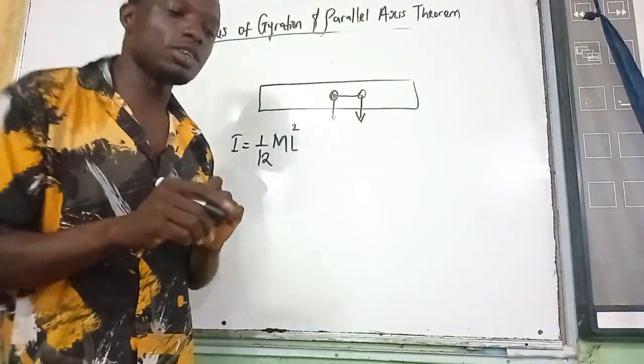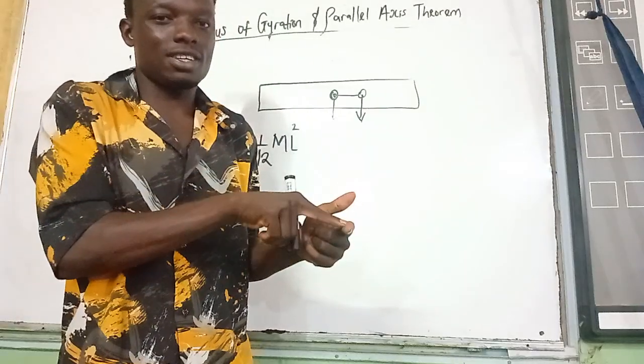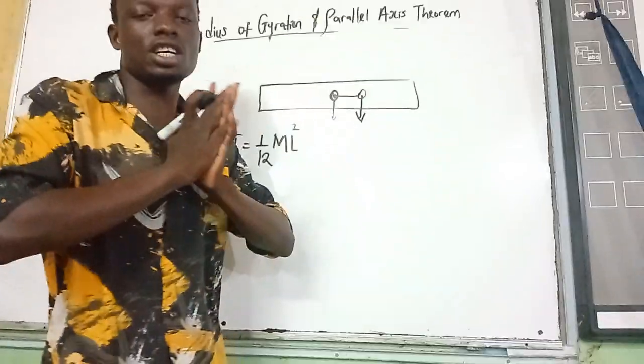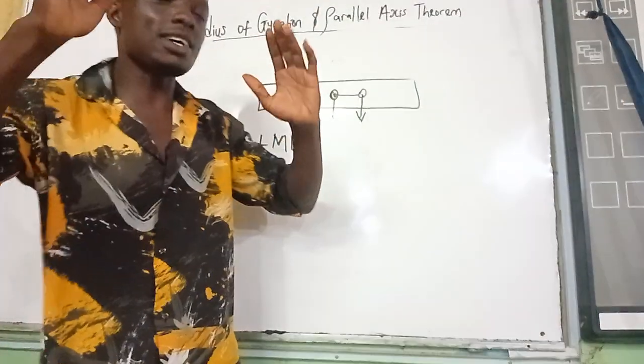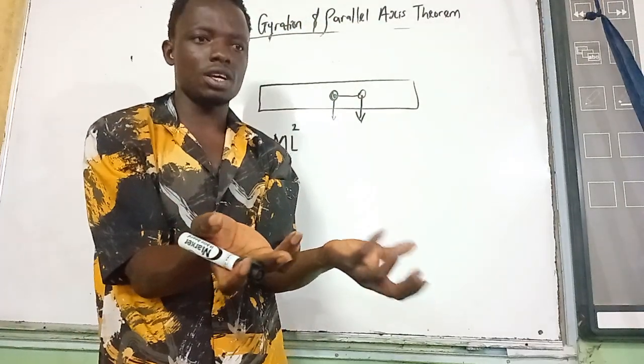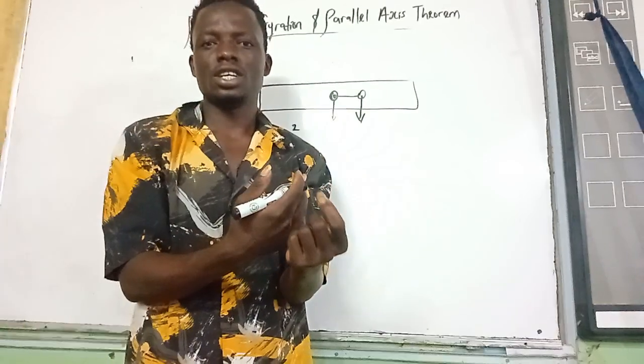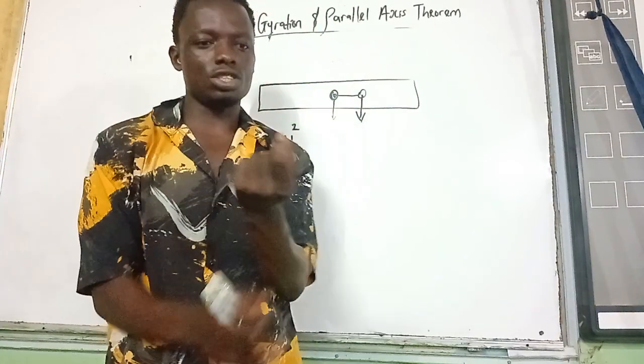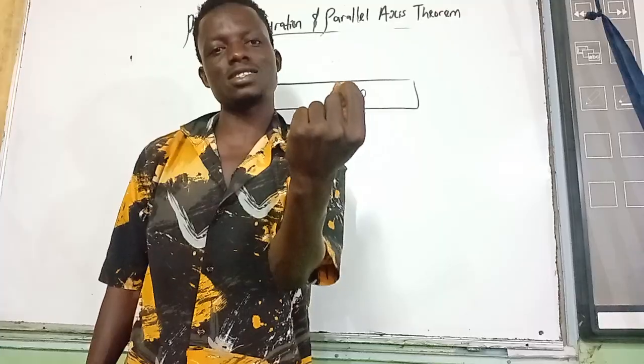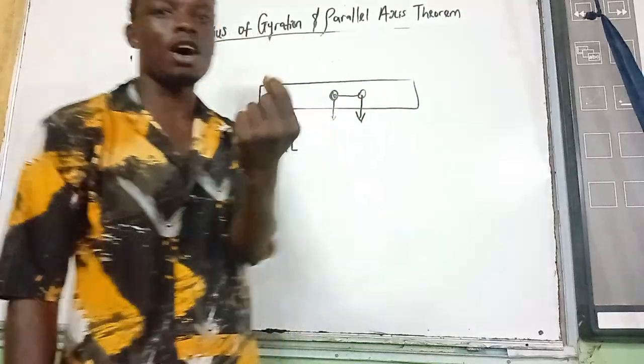Whenever you are rotating a body about its center of gravity, that's the least moment of inertia you can get. Why? Because the masses are distributed equally. The masses on this side equal the masses on this side. Do we get? Because you are picking your axis at the center of that object.